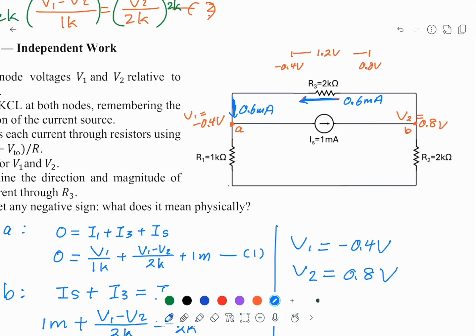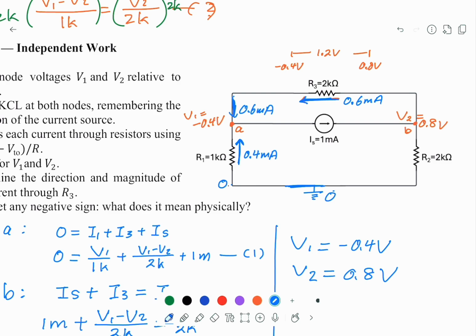And because here we assumed this is 0, now the current is actually flowing from the 0 to V1, in the opposite direction. So this one will be 0.4 divided by 1K. So this is 0.4 milliamp.